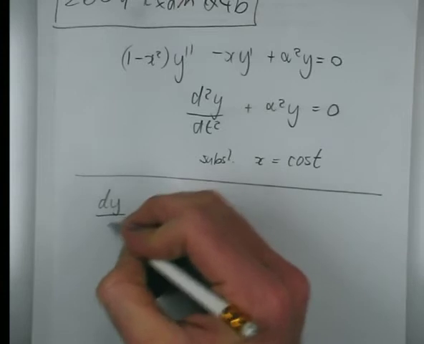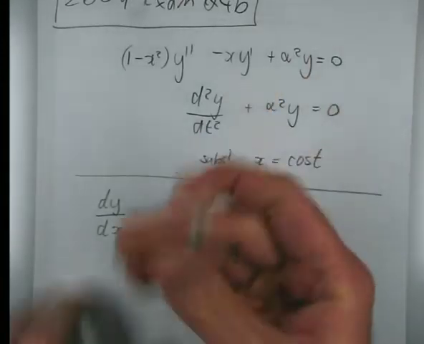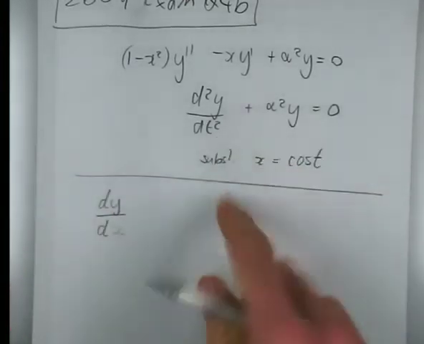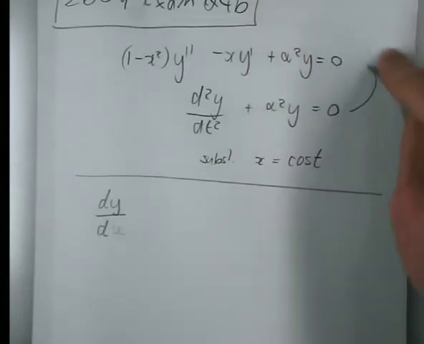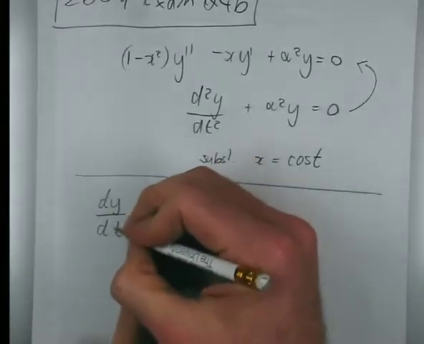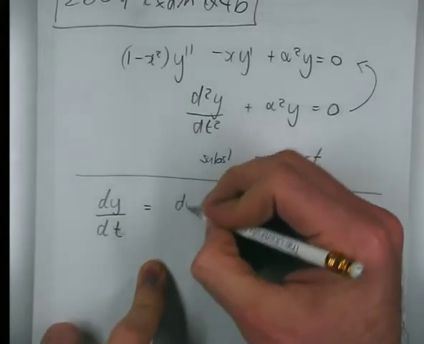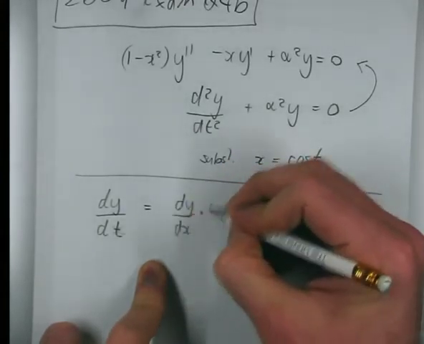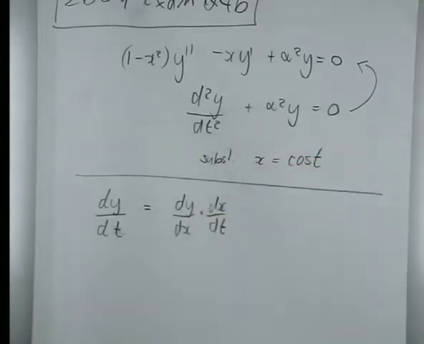But I do know that the chain rule. All right, so I'm going to need to convert this thing in terms of t into x because they've told me I'm supposed to go that way. So I need to figure out what dy on dt is in terms of dy on dx. So dy on dt, according to the chain rule, should be dy on dx times dx on dt. Now that's the chain rule as you would use it in, say, dynamics.